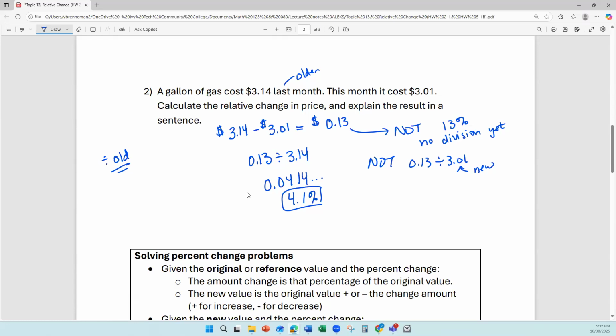So this is saying that the price of gas decreased by 4.1% this month. So that's calculating percent change.